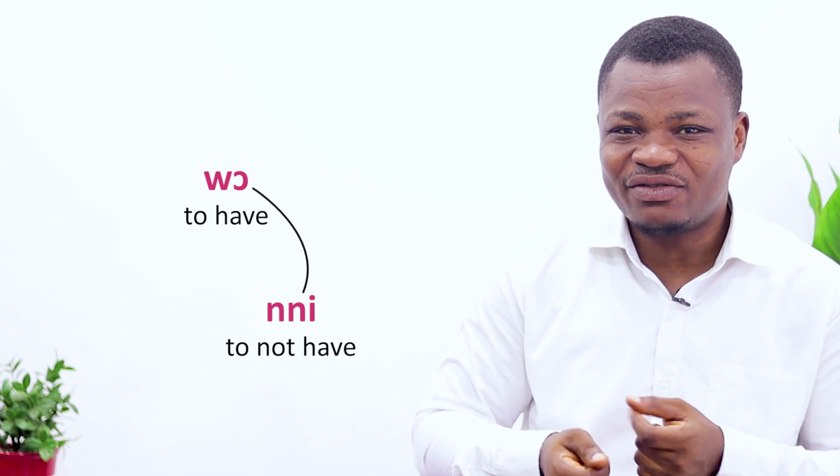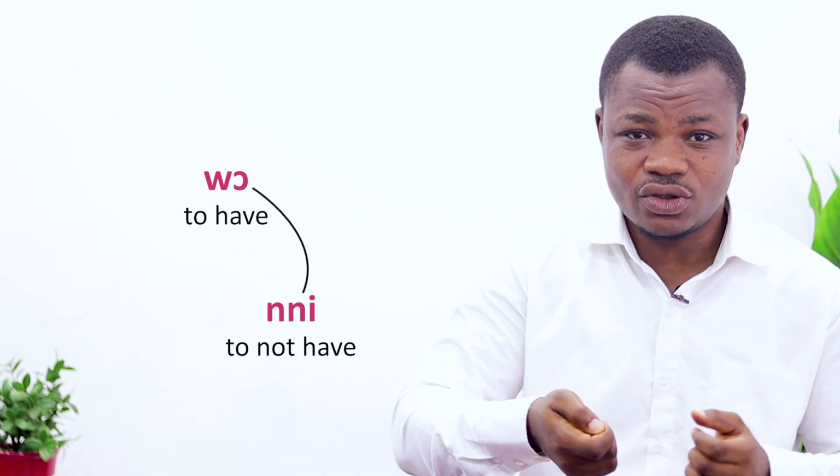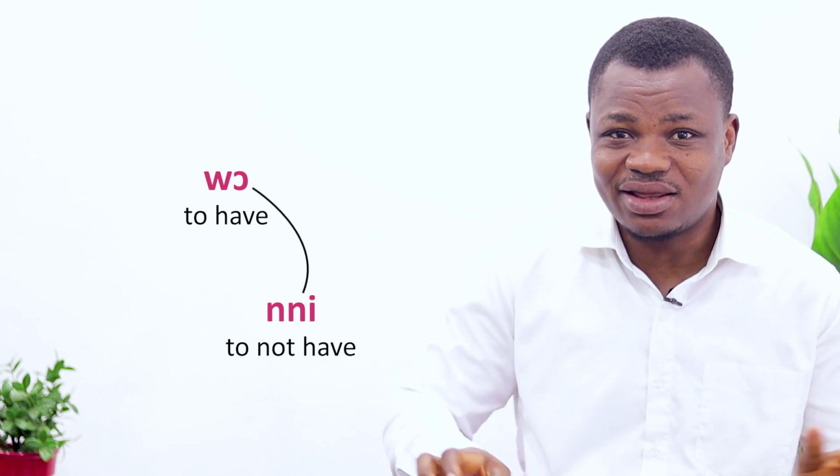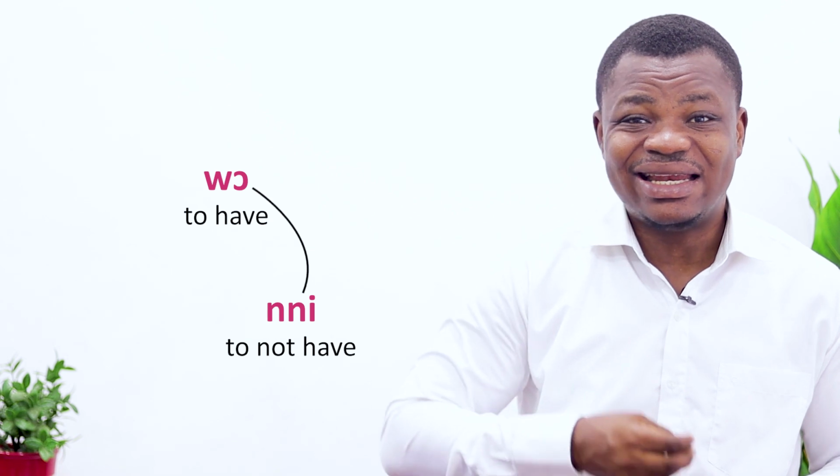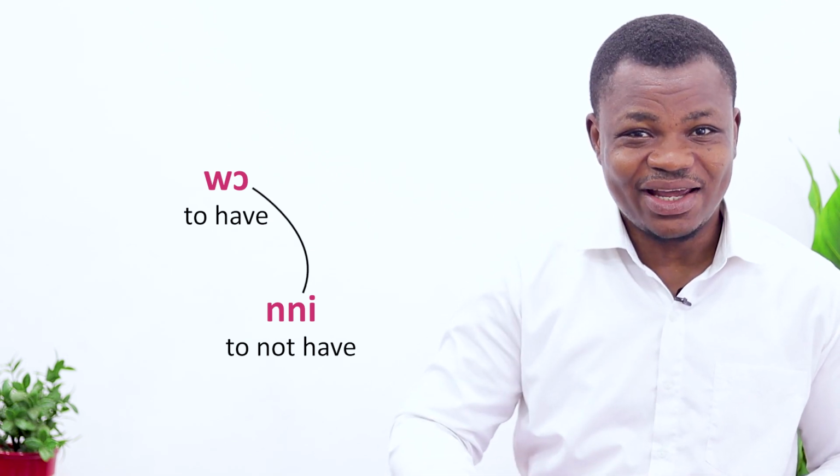So to not have is ni. You don't have to learn anything else regarding this verb. The positive is wo. The negative is ni.